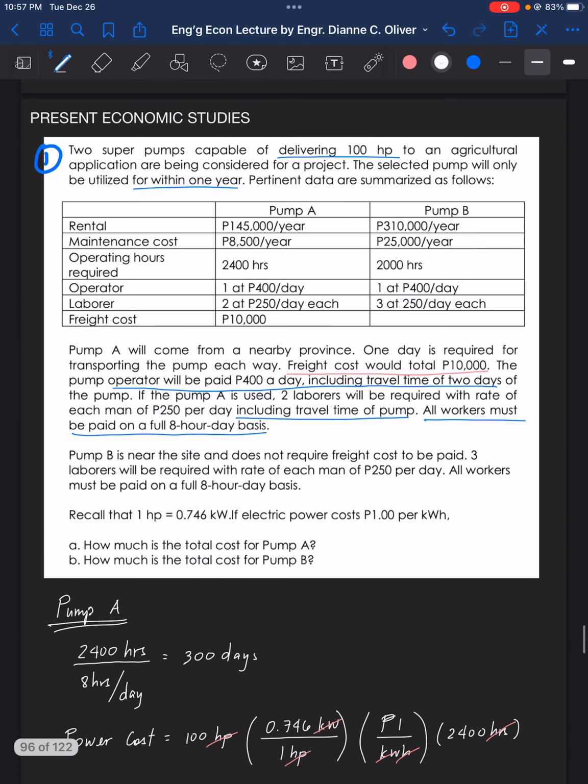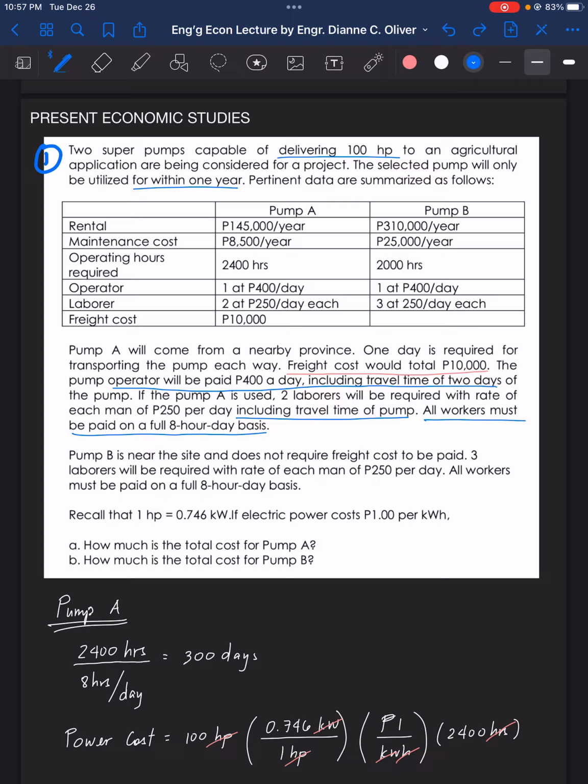So the rental cost is fixed, 310,000 pesos per year. The maintenance cost is 25,000 pesos per year. The operator is 400 pesos per day. Now it says here, pump B is near the site and does not require freight cost to be paid.